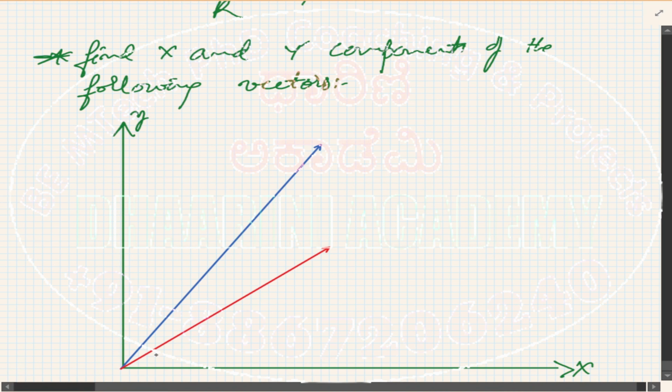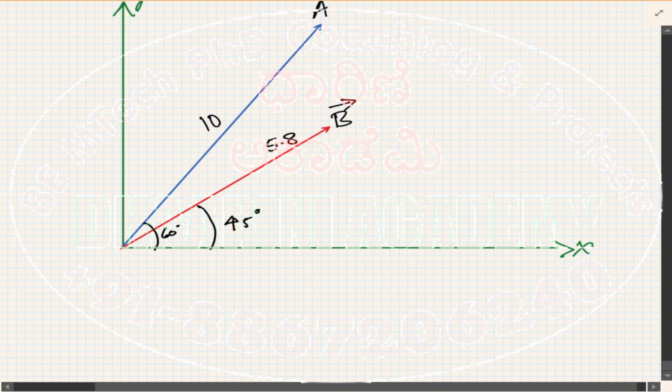So the first angle is 60 degrees, this angle is 45 degrees. This is vector A, its magnitude is 10, and this is vector B, magnitude is 5.8. If this is given, calculate.